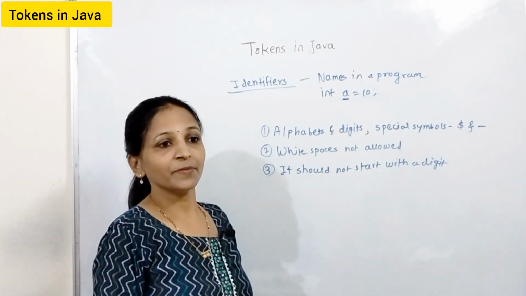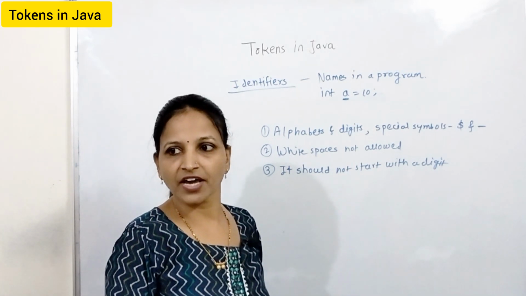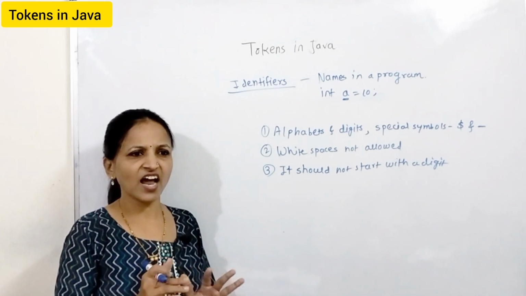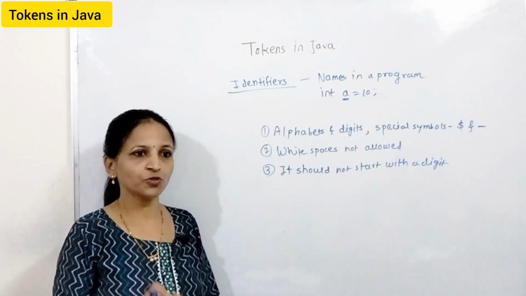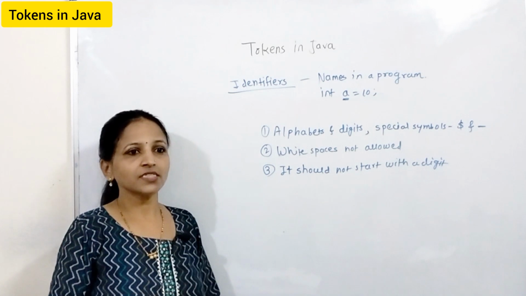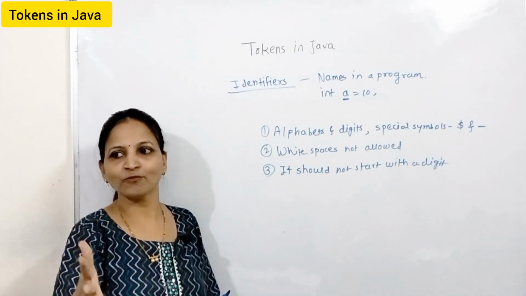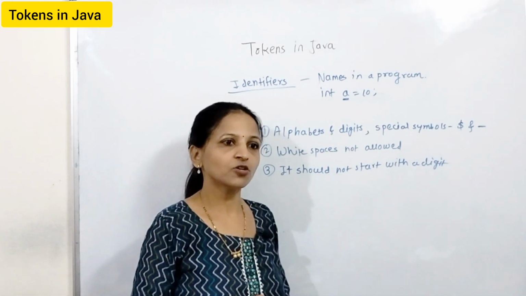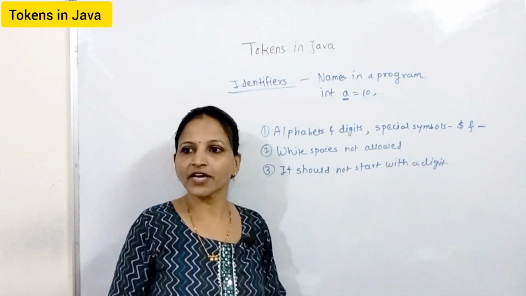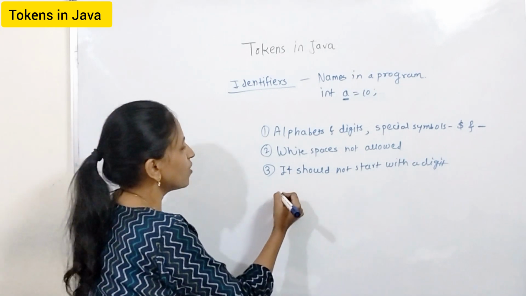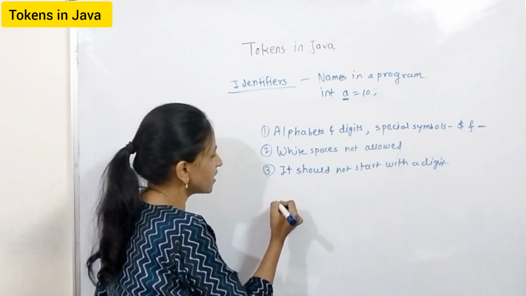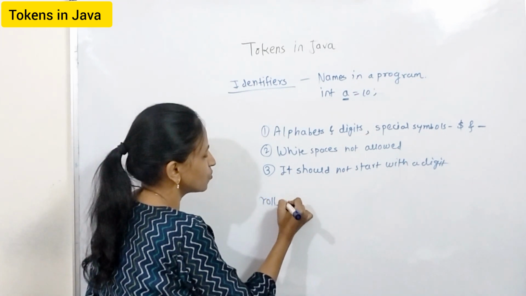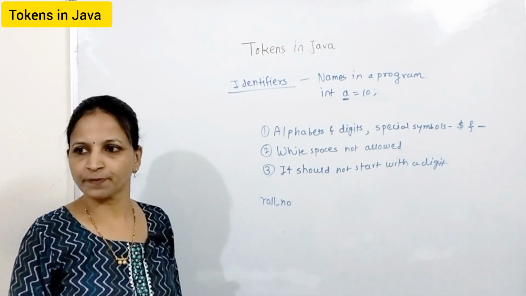There is no limitation on the length of an identifier, but always prefer small length, maximum 15 characters in an identifier name. More than 15 is valid and allowed in Java, but it is not preferred. See, if I want to store the roll number of a student, then I can simply write roll underscore number, just like in C++.